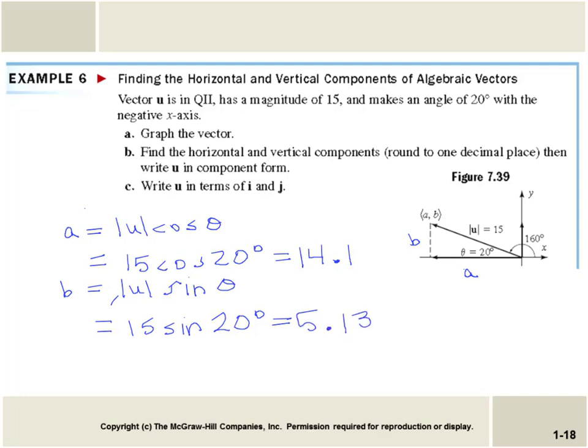Good. Now, that was just reference angles. So in that quadrant, the cosine here is negative, and the sine is positive. And you could have used 160 instead of 20 if you wanted to. Okay? Does that make sense?